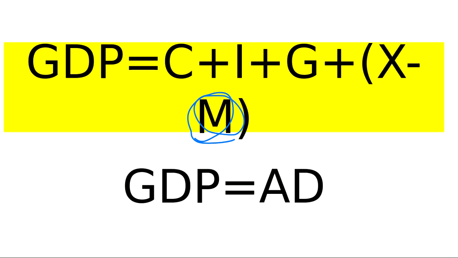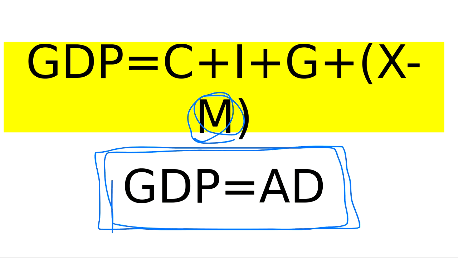Remember as you're doing these, GDP is aggregate demand. So if you see a question about consumer spending, government spending, or investment spending, that's going to be an aggregate demand issue. Just keep that in mind.